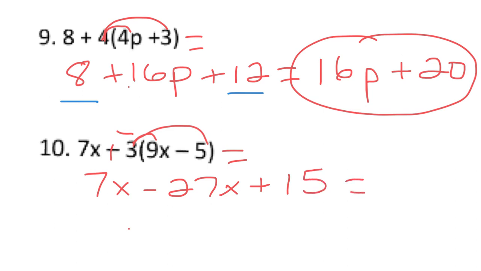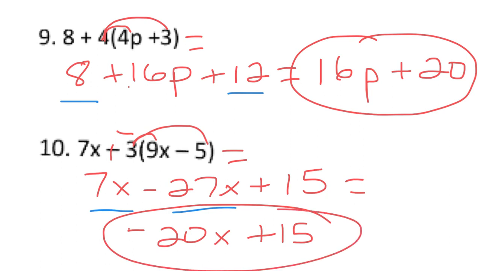So adding our like terms, these two are like terms, 7x and -27x. And this gives us -20x plus 15. So again, really common mistake on this one. The students forget to distribute this negative. They'll distribute it to the first one, and then they'll forget to distribute it to the next one. So -3 times -5 gives us positive 15.